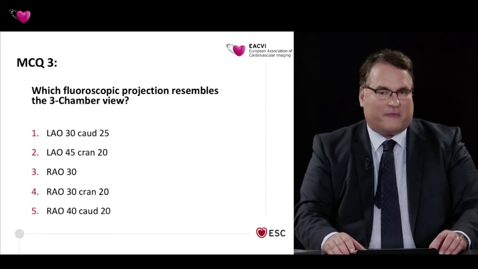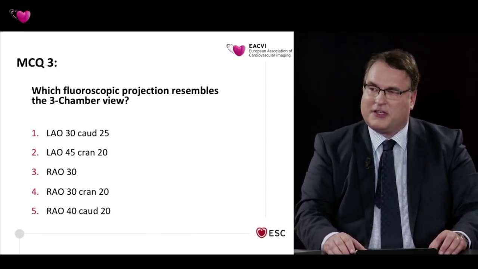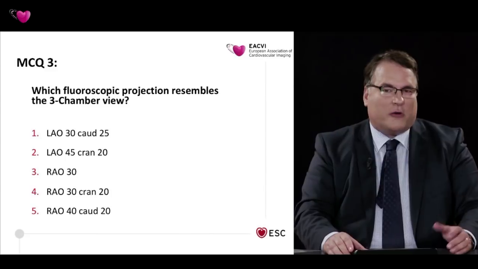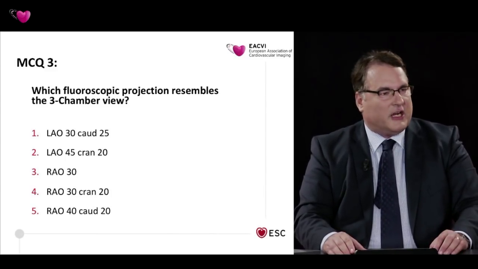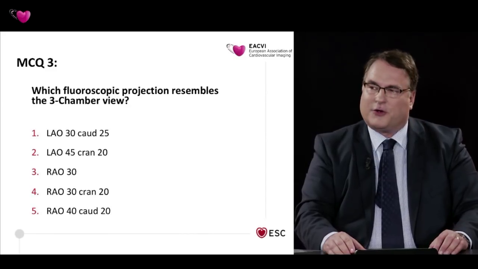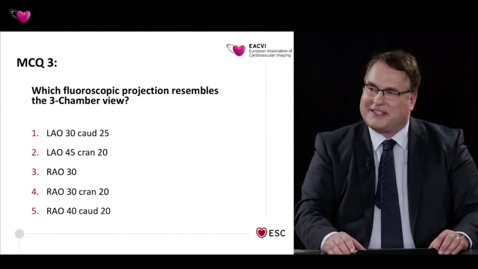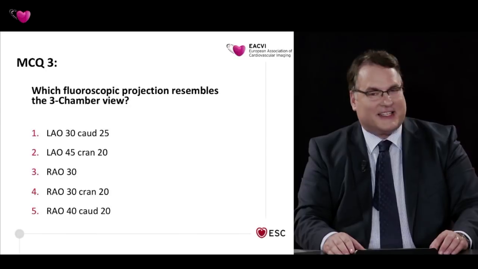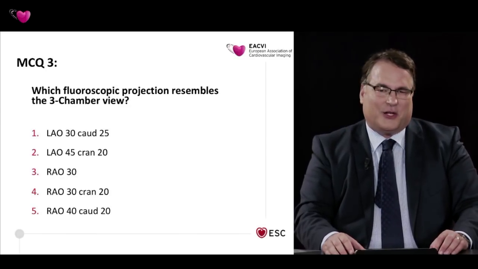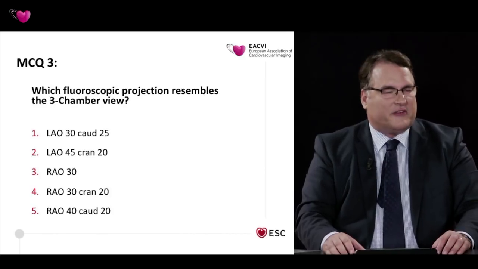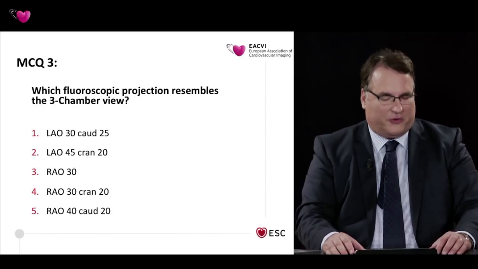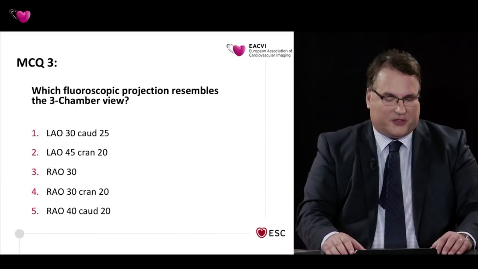And I'm very curious about the vote of our viewers, who are mostly cardiologists and are actually using all these C-arm projections quite a bit. So we will discuss this in about 10 seconds to really know where we estimate to have the different viewing possibilities: 3-chamber view, 4-chamber view, and 2-chamber view.